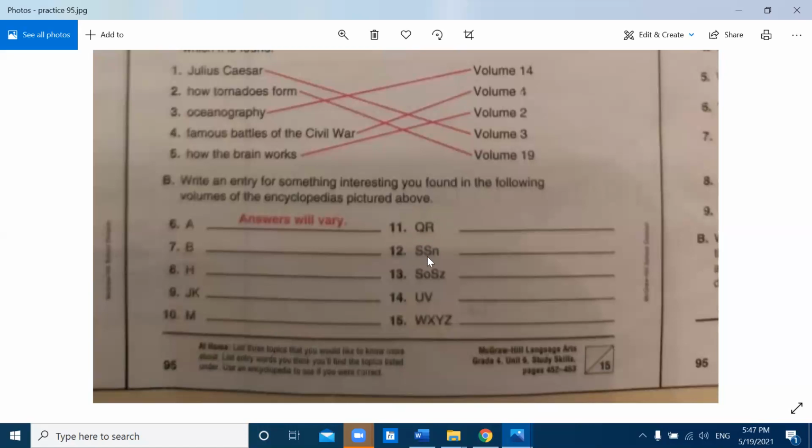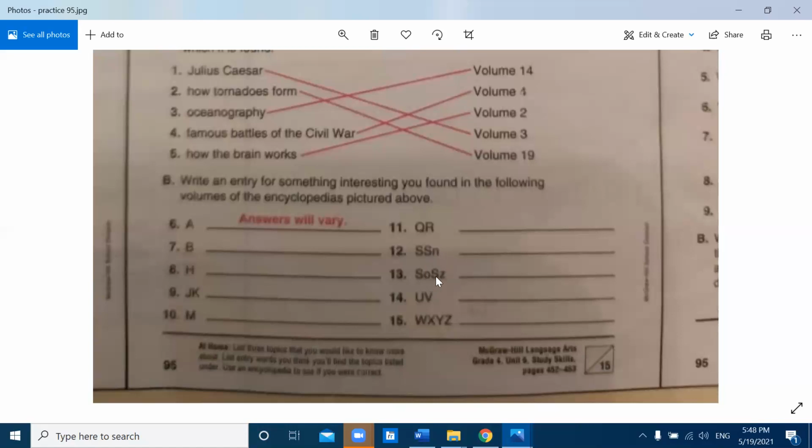In S to SN, we could look up snakes. One of the boys said today. We could look up Senegal, which is a country. We could look up South Africa. Soups around the world, okay?